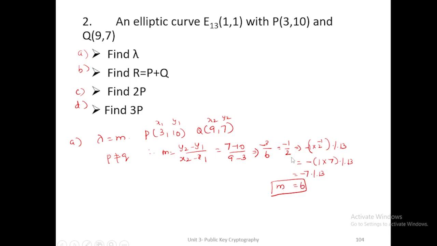In this way we should calculate the slope first. Then take R = P + Q. Can we sum up these two points? Yes, it is possible, because the values are different. We already calculated the slope value, so you only substitute it in x3 and y3.